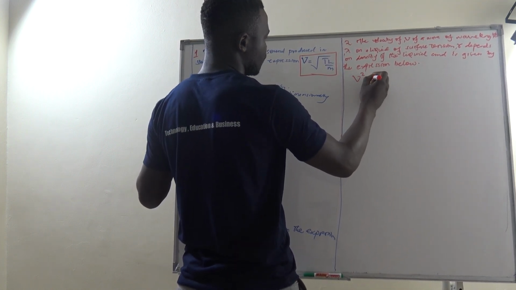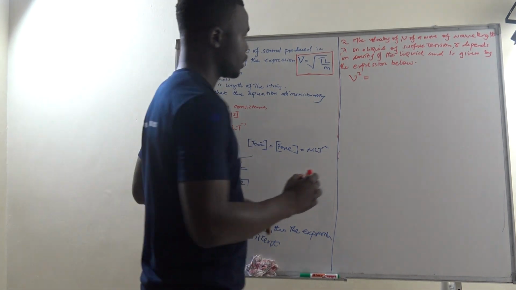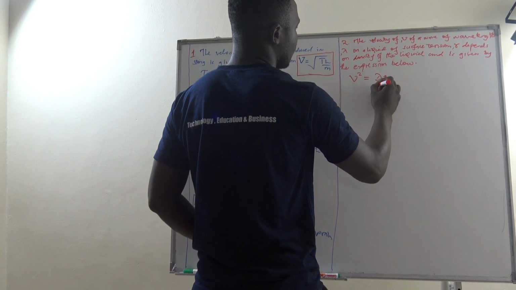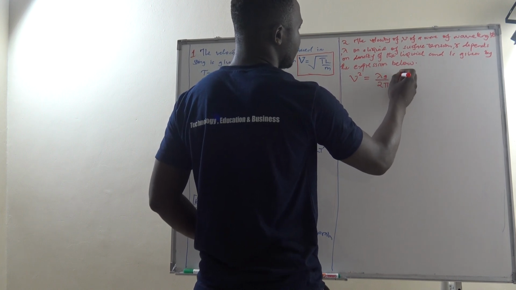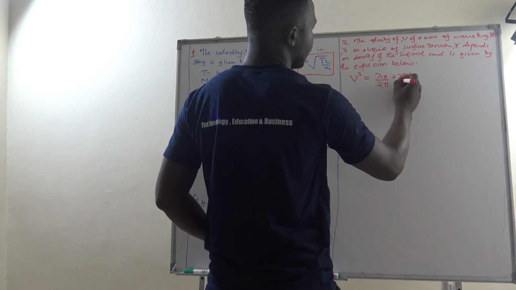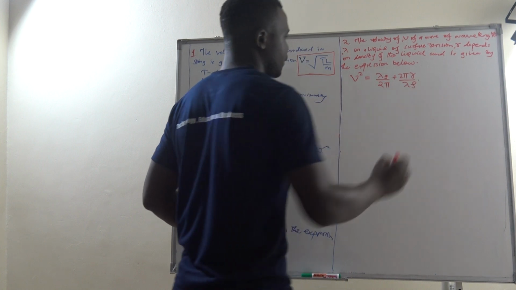So the expression is that v squared is equal to g lambda out of 2 pi plus 2 pi gamma out of lambda rho.